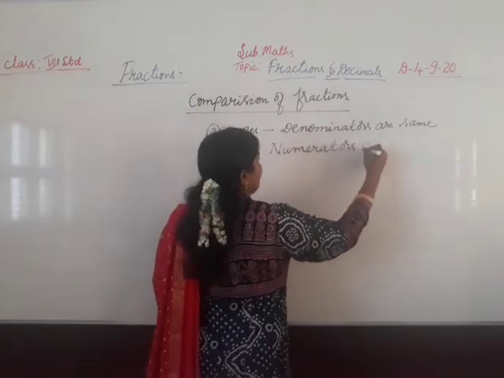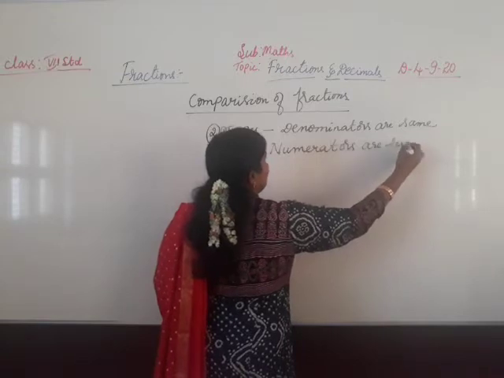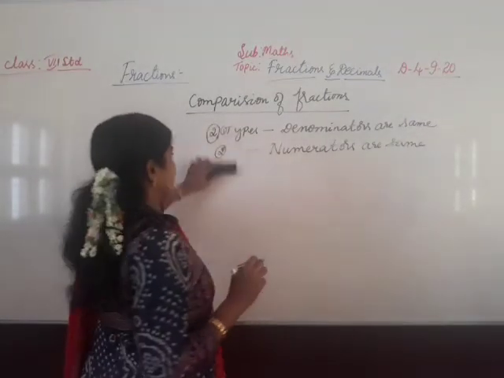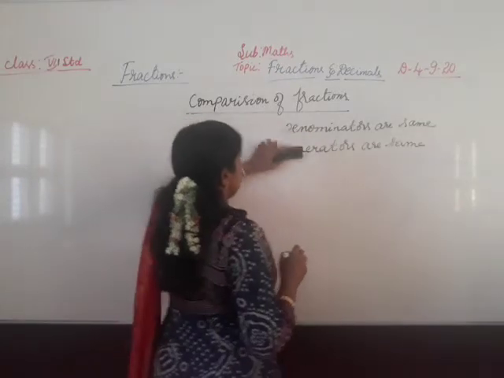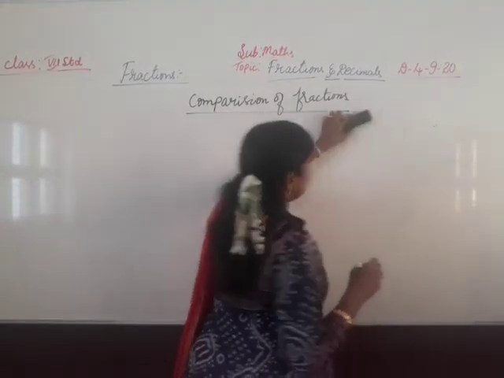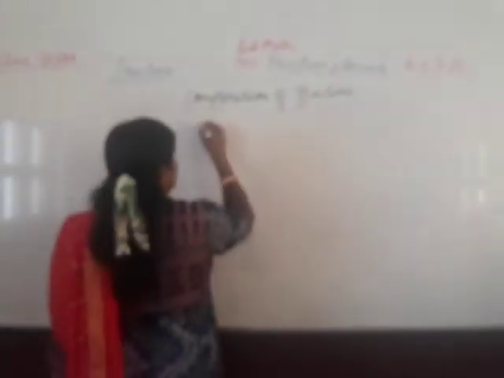How to compare the fractions when numerators are the same and when denominators are the same? So now, how to compare the fractions when denominators are the same? Just as we compare numbers, here also.